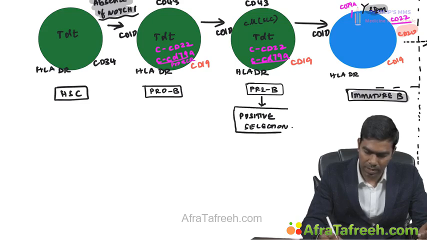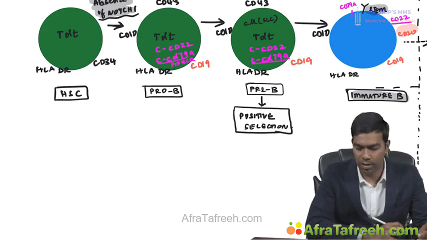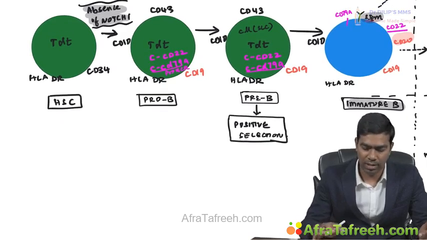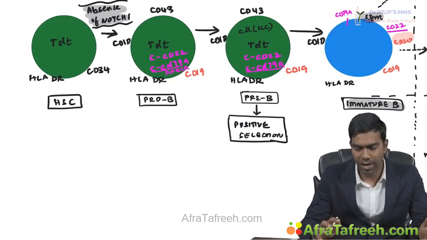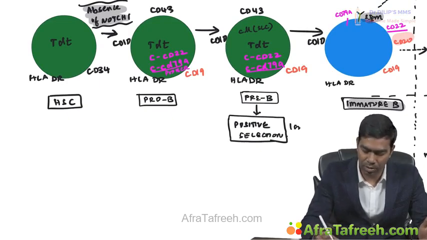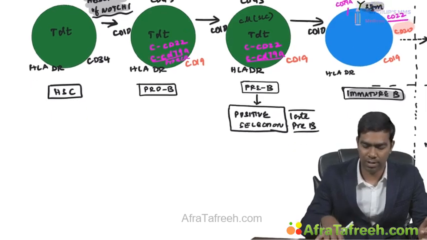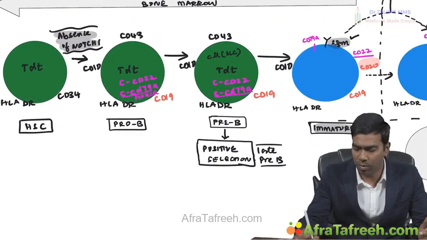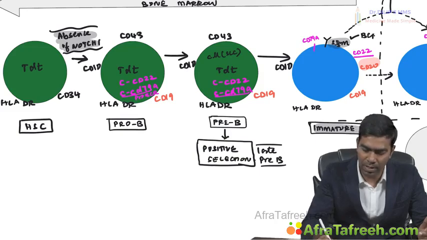This is the pre B cell stage, where we talk about positive B cell selection. I have not mentioned it here in the pre B cell stage, but it happens in the late pre B cell stage. If you see here, the surface immunoglobulin is what we refer to as the B cell receptor.